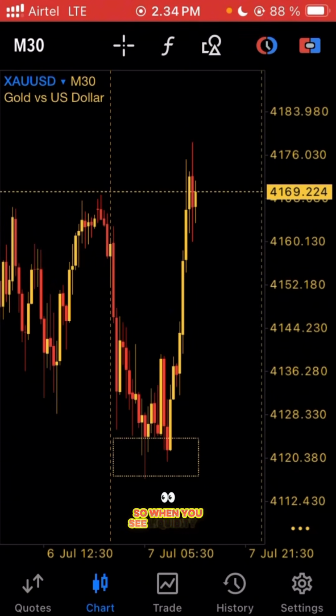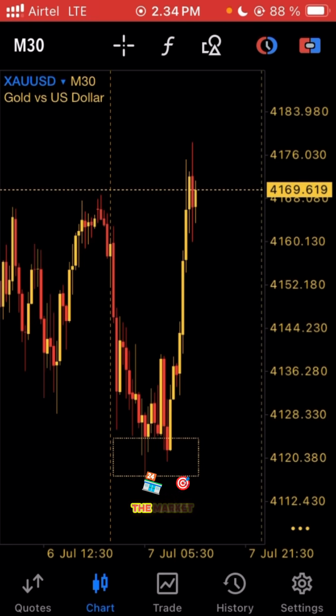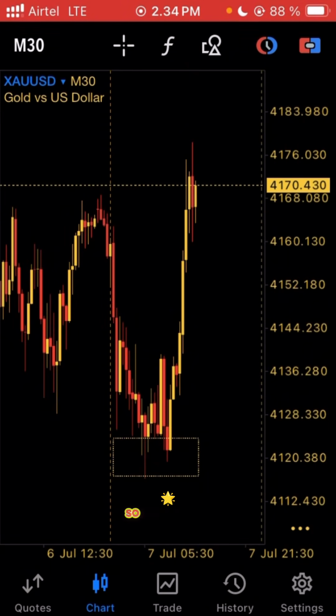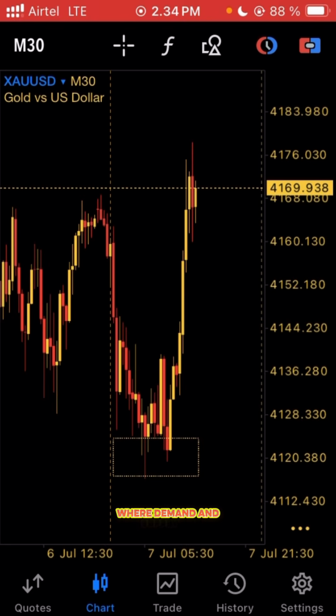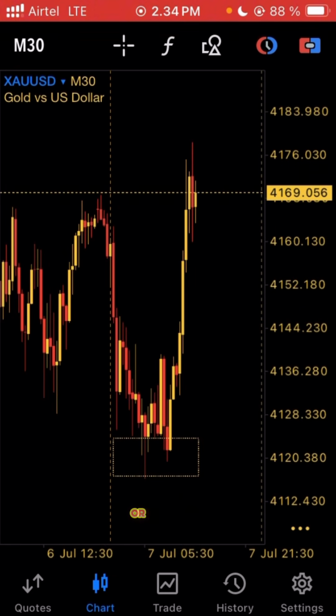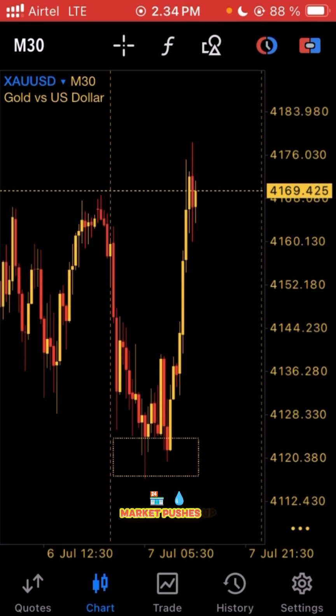So when you see liquidity, it's like, okay, the market is targeting this liquidity. It means the market is targeting that area of interest. So liquidity are areas of interest where demand or supply is carried out. So these are places you need to check, because that is where either the market pushes up or drops.